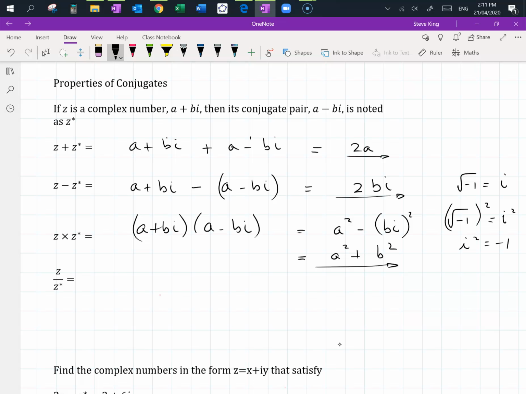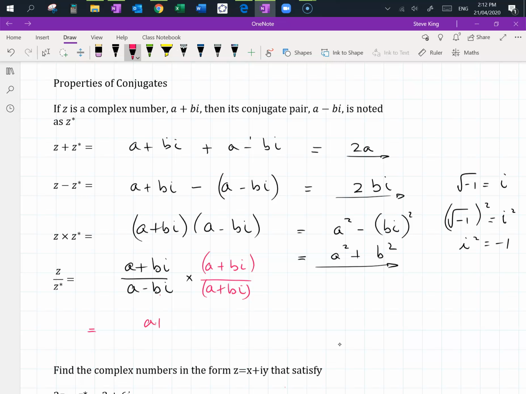Finally, if we look at the quotient of a number and its conjugate, we're going to get a plus bi divided by a minus bi. And just as we did when we were working with rationalizing surds, I'm going to multiply top and bottom by a plus bi, in order to make the denominator look a little bit more neat and tidy.